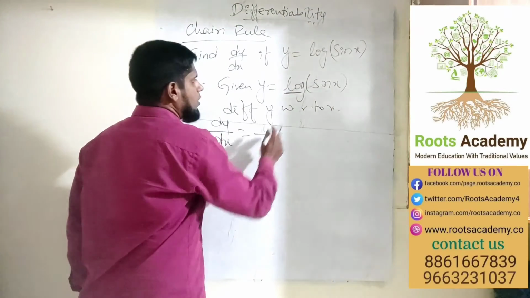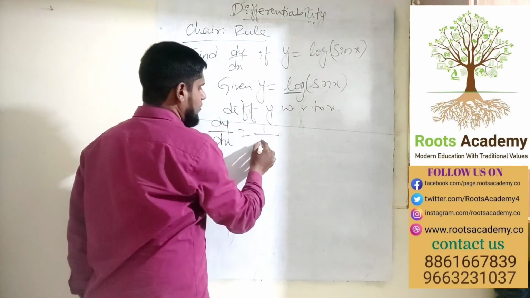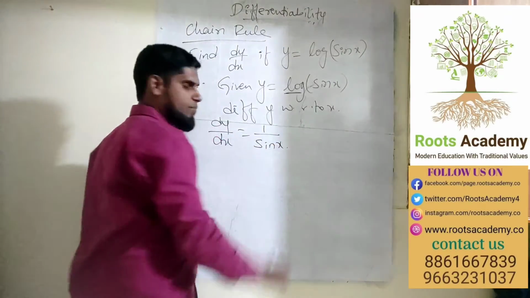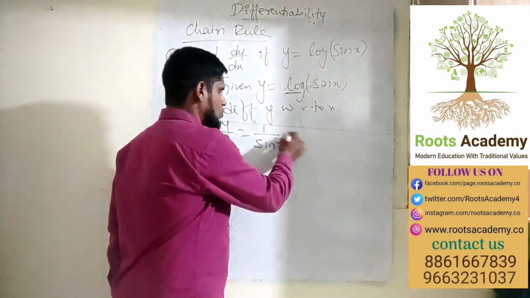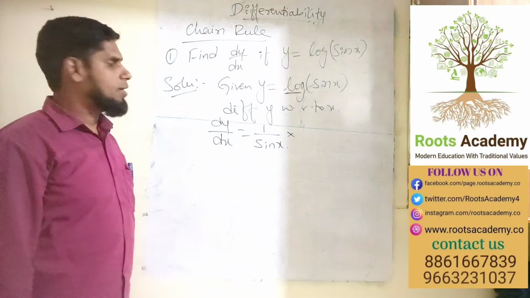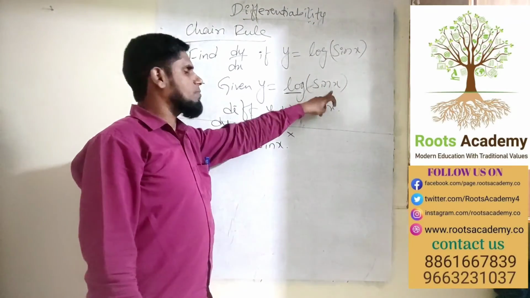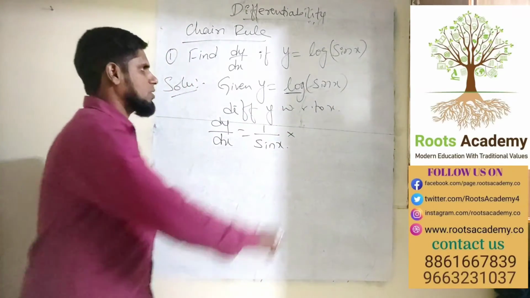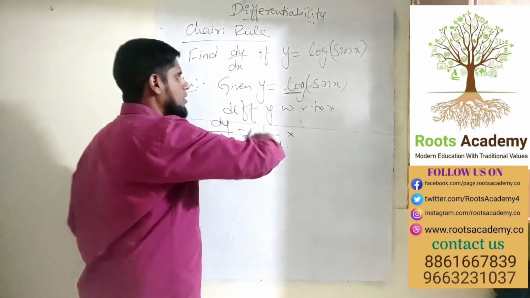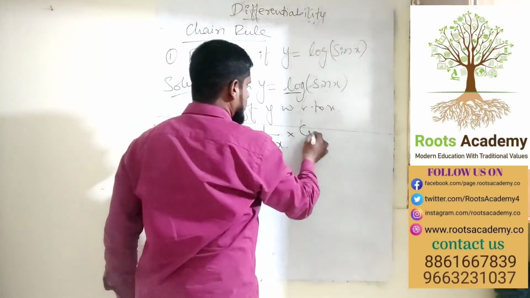So here, derivative of log of sin x is 1 by sin x into, that is multiplied, what is the derivative of sine function? Because sin x is a smaller function, this also we should differentiate now. Derivative of sin x is cos x.